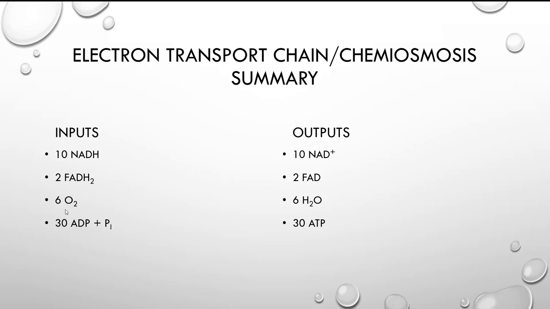We brought in 6 oxygen molecules, and those will become water. Okay, and then we had some ADP and phosphate ions hanging around, and we produce ATP from that. So these are the outputs of our electron transport chain.